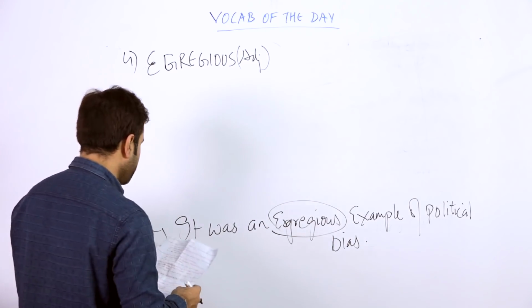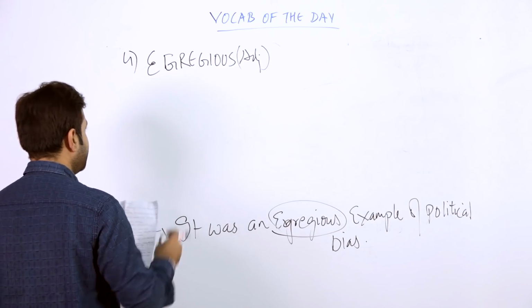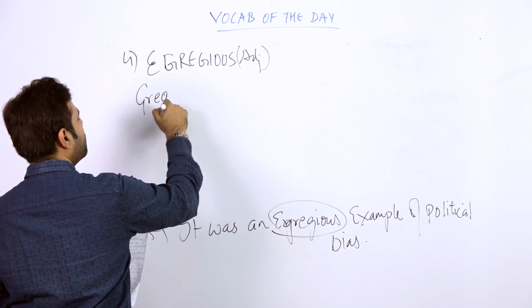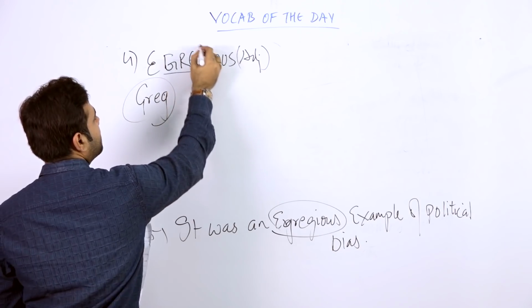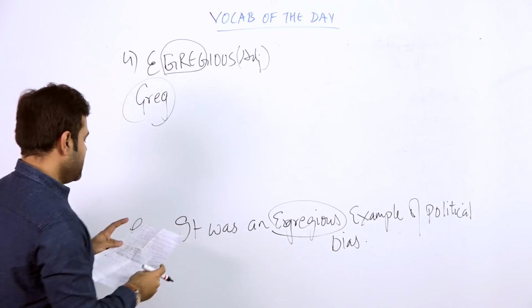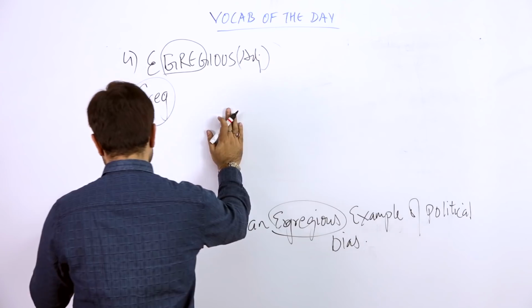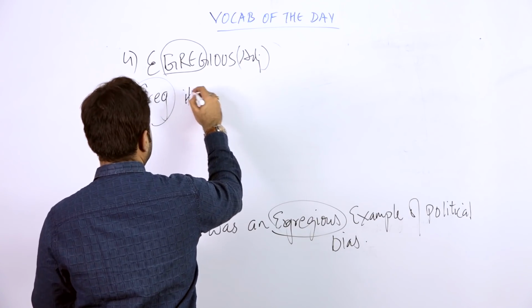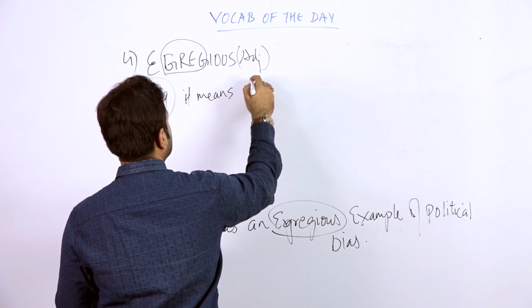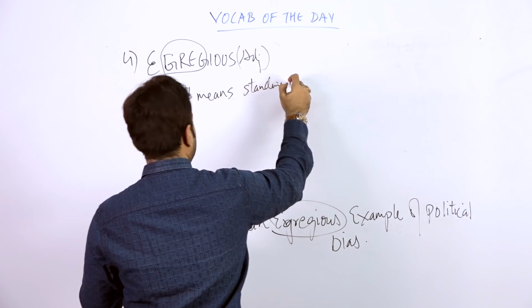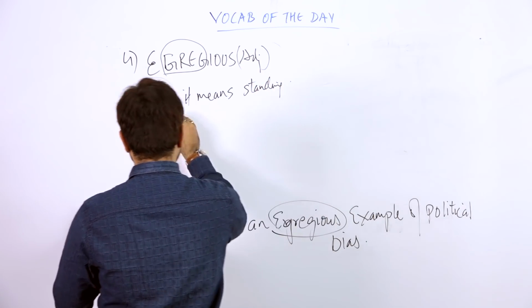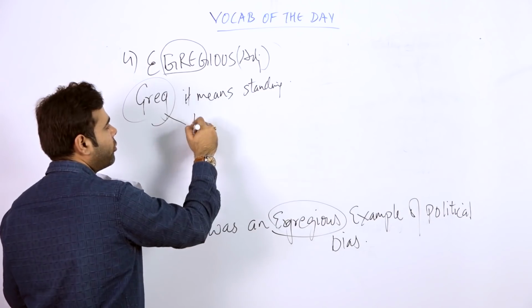So we have to connect here, students, and understand that earlier there is also a word Greg. If we change the part, that is Greg. So Greg also means standing out. It is a Latin word used for flock.